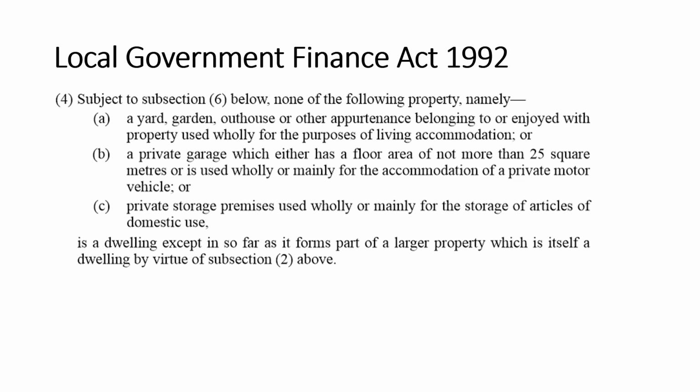And then they're talking about what's taxable: a yard, garden, outhouse, or other property belonging to or enjoyed with the property used wholly for the purpose of living accommodation, or a private garage which either has a floor area of not more than 25 square meters or is used mainly for the accommodation of a private motor vehicle, or private storage premises, which is used for the storage of articles for domestic use, is a dwelling insofar as it forms part of a larger property, which is itself a dwelling by virtue of subsection 2 above.